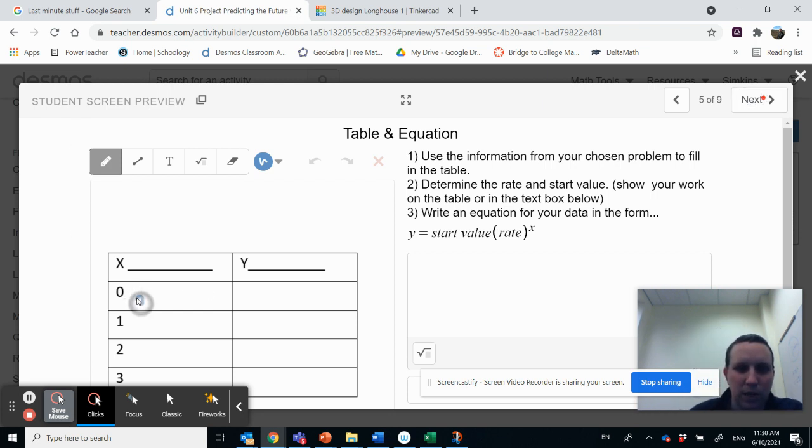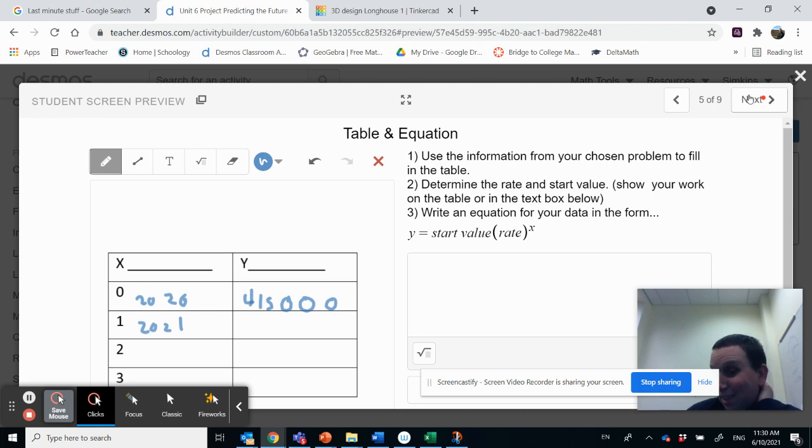So year zero, again, this was 2020. And she bought her house for $415,000. So the number I'm writing in here is $415,000. And then by 2021, just calling year 2020 year zero and this year one.